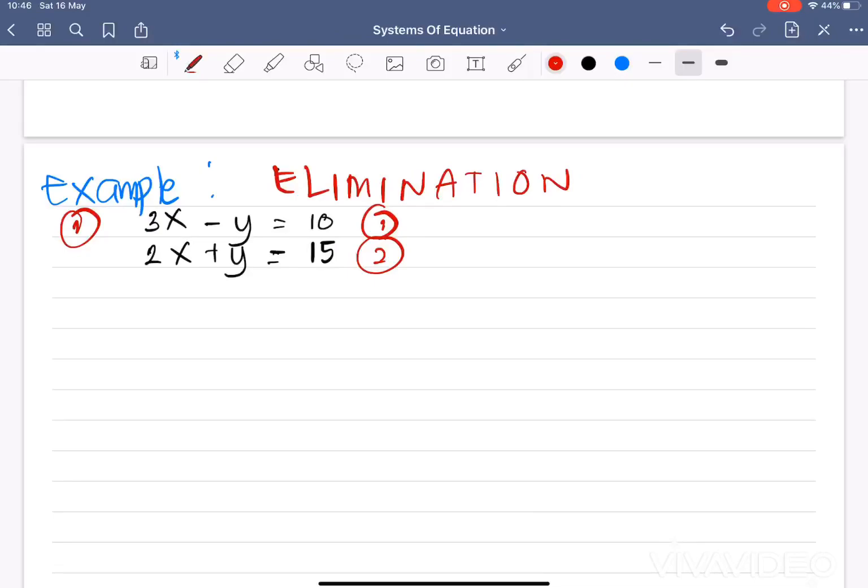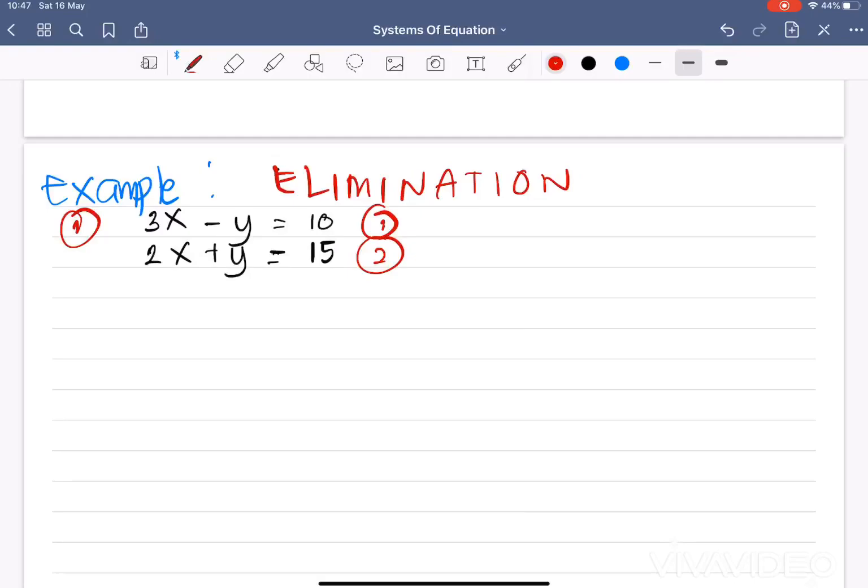Obviously here, the coefficient of y in the first equation is -1, and the coefficient of y in the second equation is +1. If we add them together, we will get 0. So we are going to eliminate y.